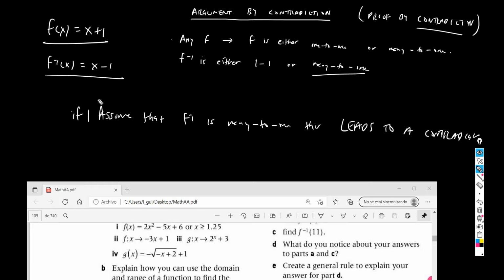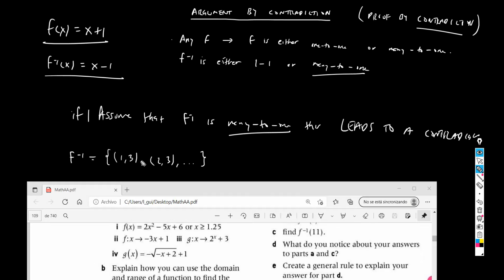Okay, what is the contradiction? Look, for simplicity's sake, let's say that this f inverse is many to 1, and what that means is that f inverse is going to look something like this. If I treat this f inverse as a set of ordered pairs, it's going to have at least 2 pairs that tell me that this is a many to 1 function, right?